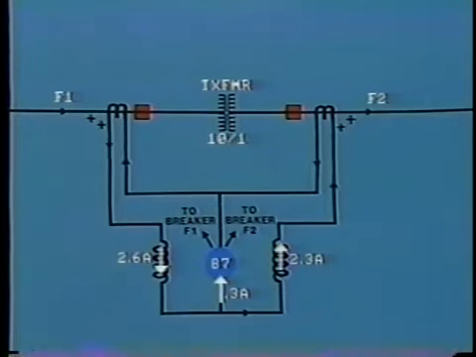And that's why we have restraint coils, which are both trying to hold the tripping contacts open. The value of current in the two restraint coils is respectively 2.6 amps and 2.3 amps. Depending upon the relay's setting, this restraint should be sufficient to hold open the tripping contacts against the closing torque of the operating coil.